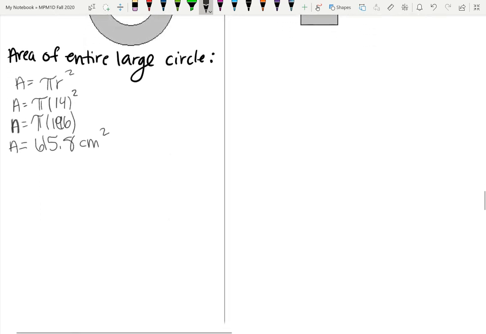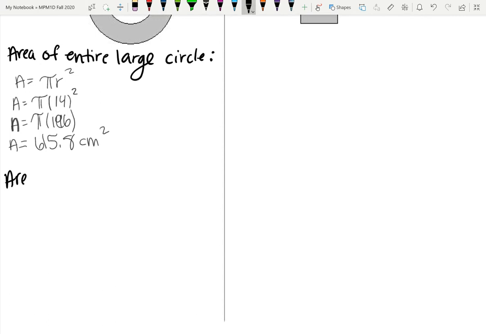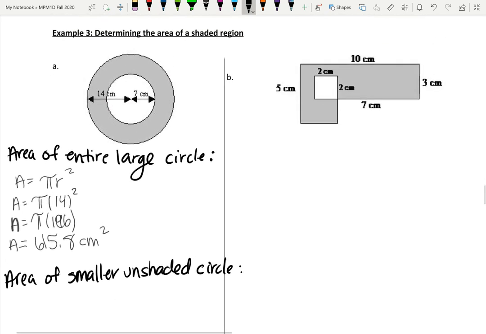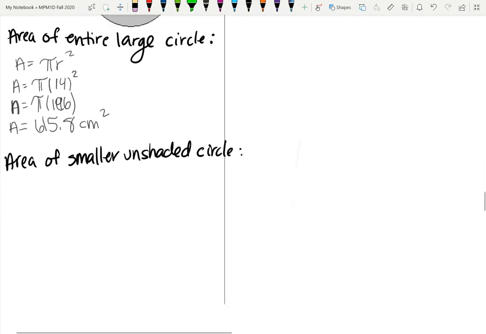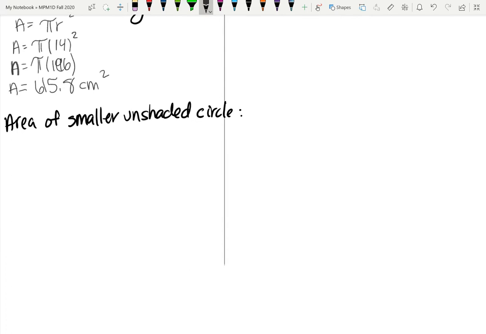Okay, and now I'm going to find the area of a smaller unshaded circle. So this one right here, the unshaded circle, what I don't want to include. Okay, so I found the total area. Now I'm going to find the area of the unshaded circle and then subtract it from the total. So area, again, of a circle is pi r squared.